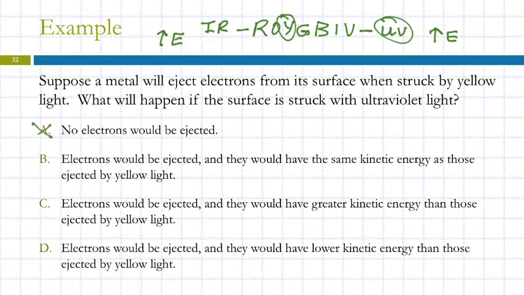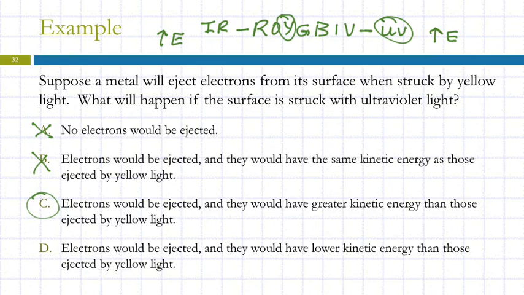They'll definitely be ejected. Electrons would be ejected. They're going to have the same kinetic energy as those ejected by yellow. So the ultraviolet with more money, he has the same amount of money to spend once he gets in as the yellow. No, he's got more, right? So that's not going to work. Electrons would be ejected, and they would have greater kinetic energy than those ejected by the yellow light. Yep, that sounds like our winner.